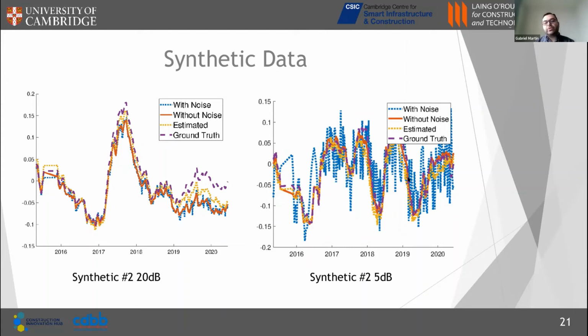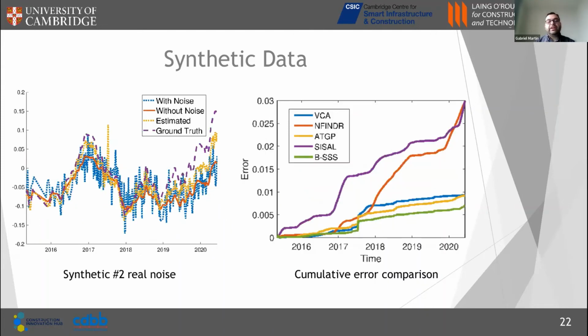And then on the right we have the same, but in this case with very heavy noise. Nevertheless, even with very heavy noise, we can see that we can obtain a very good estimation without noise. So this is also a good result. Finally, this is the case in which we added real noise extracted from real multi-temporal InSAR data.